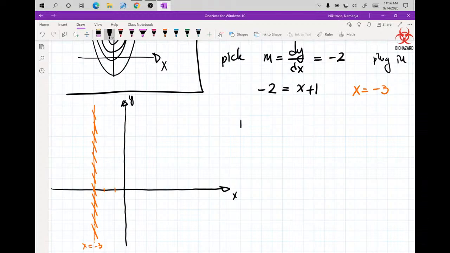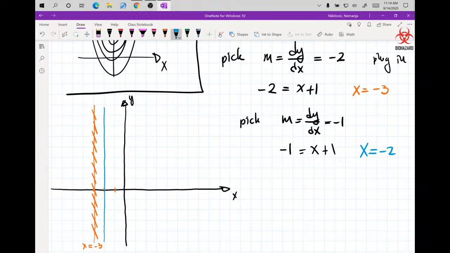When we pick m equals dy/dx equals -1, and you plug that in here, you get x plus 1, and let's go blue, you get x equals negative 2. You see that now the slopes are negative 1 on the line x equals negative 2. So here's my line x equals negative 2.